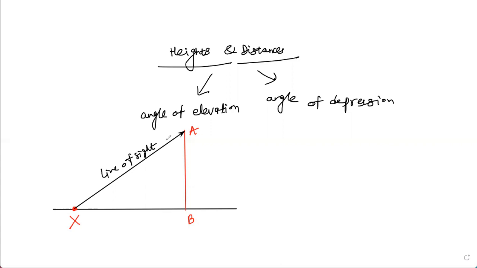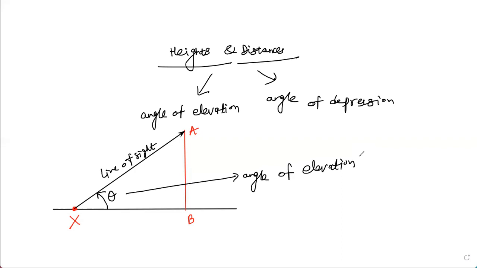The angle between the line of sight and the horizontal, which is this, is the angle of elevation. So the angle of elevation concept comes into the picture only when we are watching something on the top, when we are elevating up, when we are watching upward. Then it's the angle of elevation. This is the concept of angle of elevation.